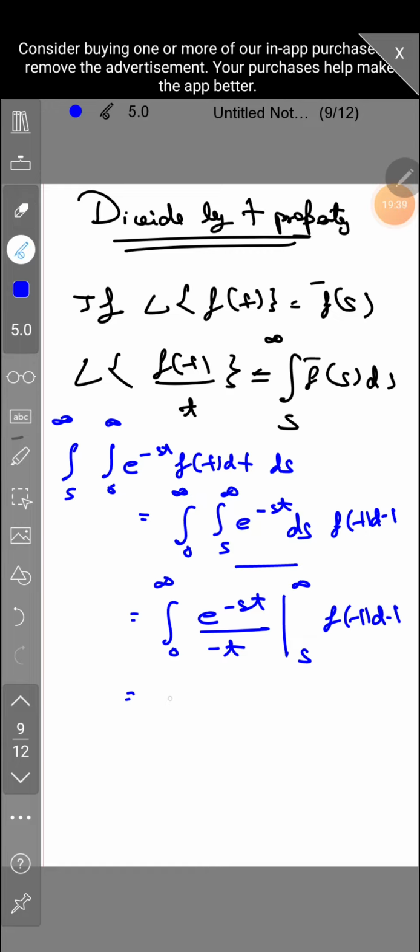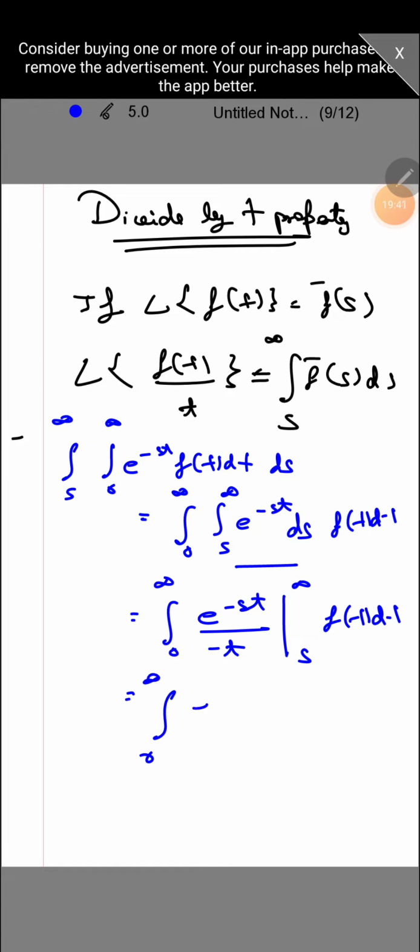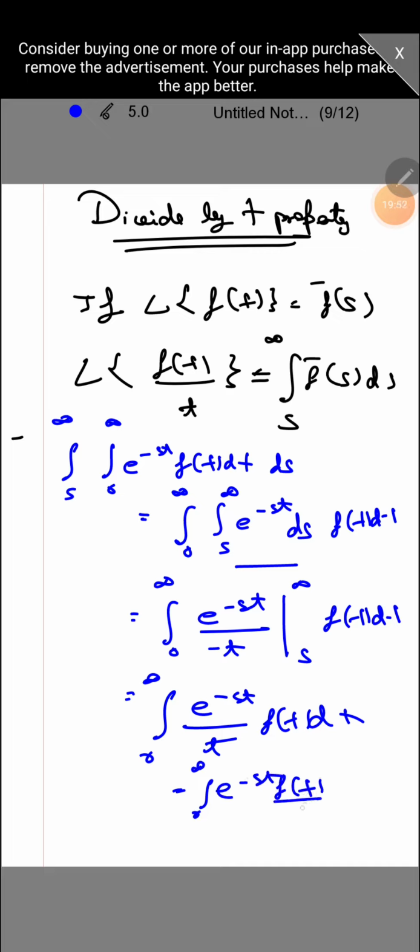So this becomes integration 0 to infinity e to the power minus st over t f(t) dt, which is equal to integration 0 to infinity e to the power minus st f(t) over t dt, which is the Laplace transform of f(t) by t. Clear? Got it? This was the division by t property.